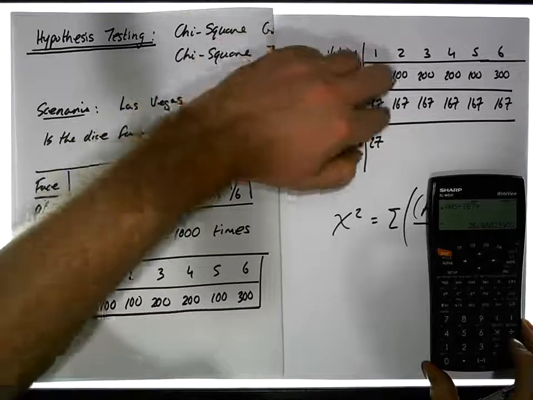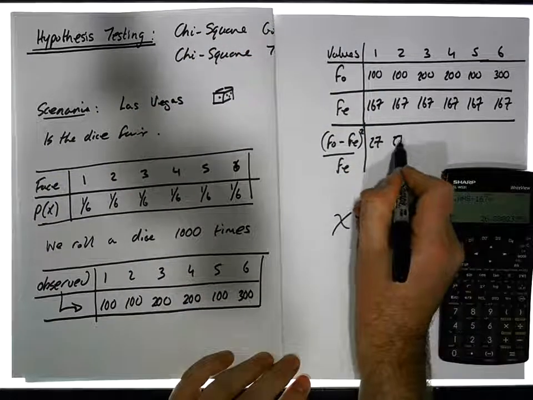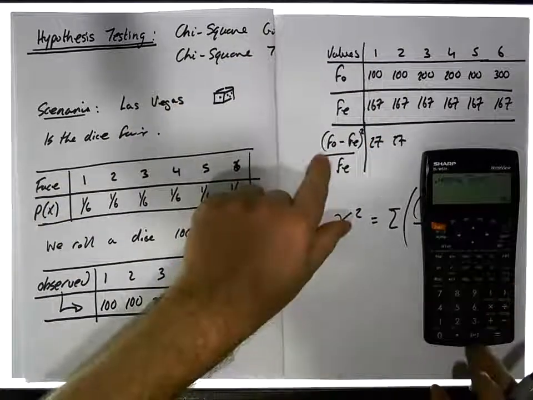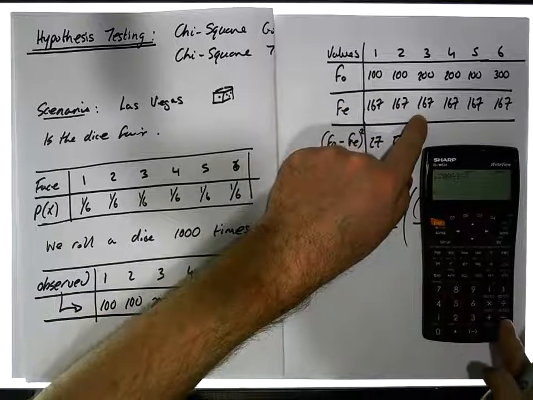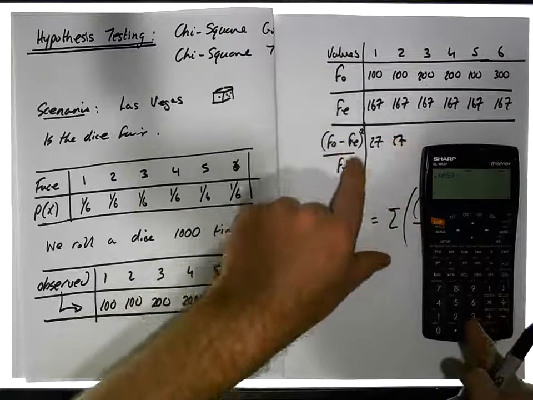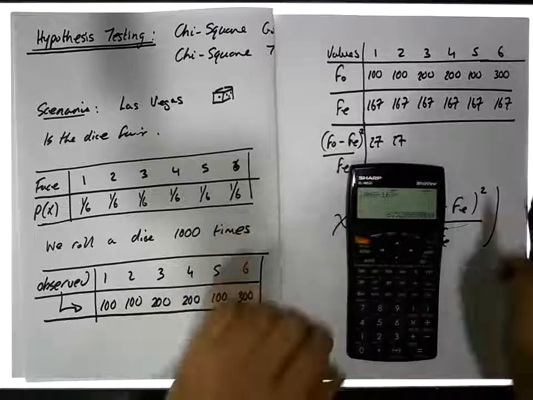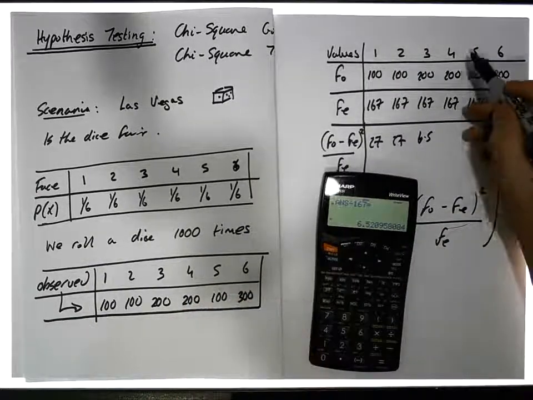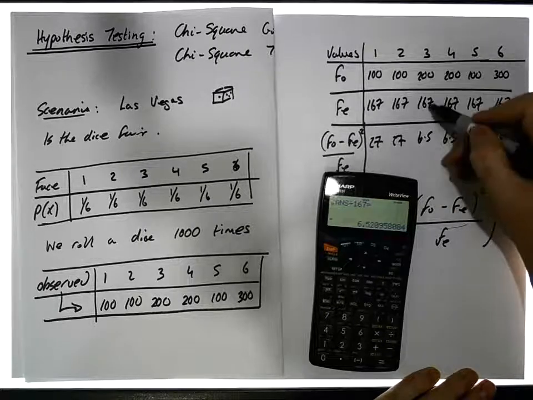In relation to the 2, that's similar characteristics. The observed is 100, the expected is 167, so the difference is also approximately 27. In relation to the 3, the observed is 200 minus the expected, 167, which needs to be squared. We divide that by the expected, 167, which gives us a value of 6.5. For the 4, we're also going to get 6.5 because the observed and the expected are the same as the previous one.